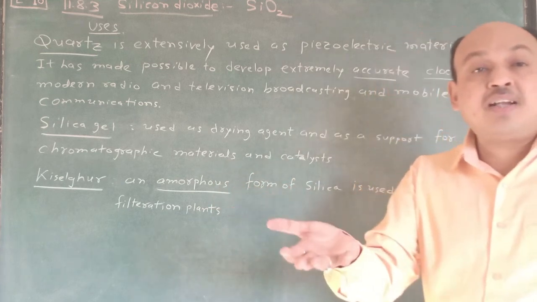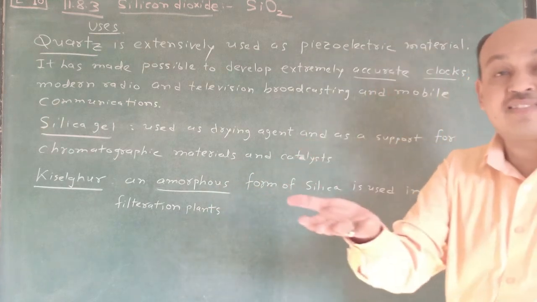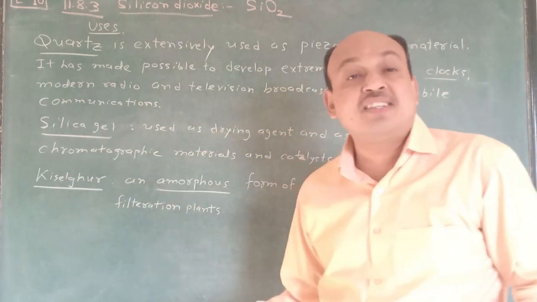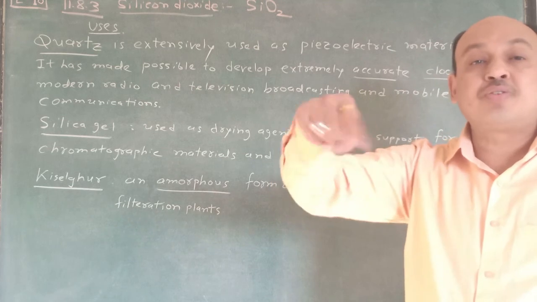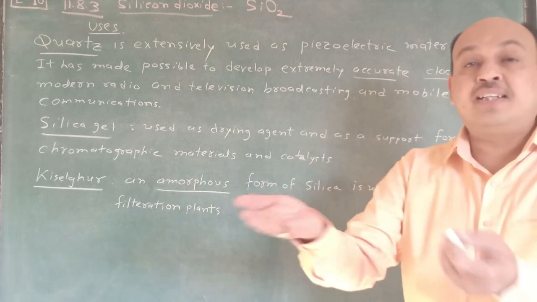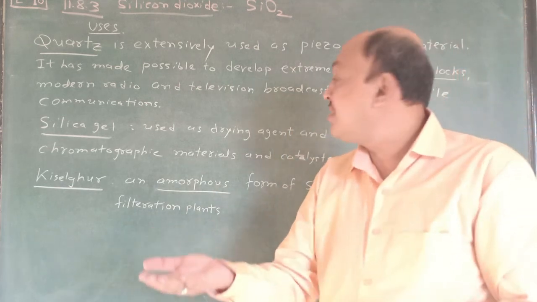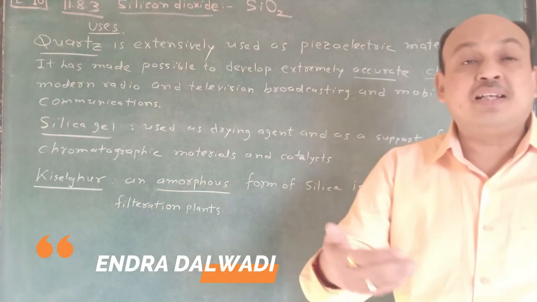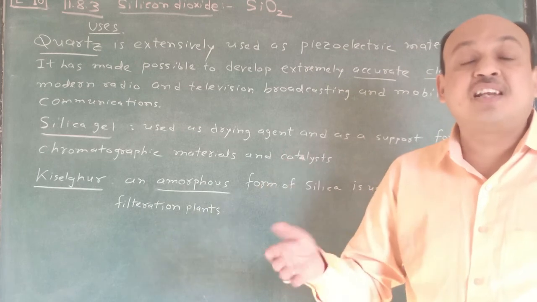We have to make a chromatographic plate on a glass. Once the glass is there, we add this silica gel. We make a slurry of this silica gel with the help of water, and then make a plate, which is called a chromatographic plate. There is a mobile phase and a stationary phase.